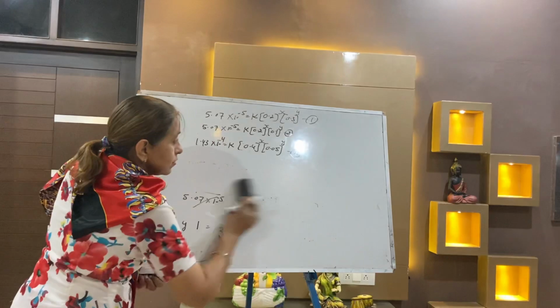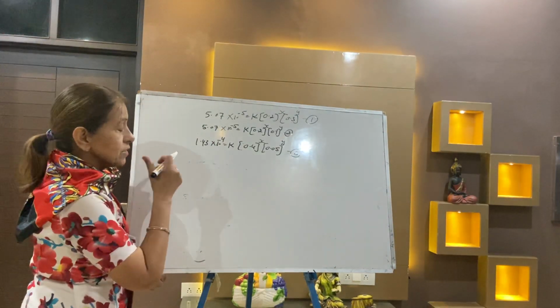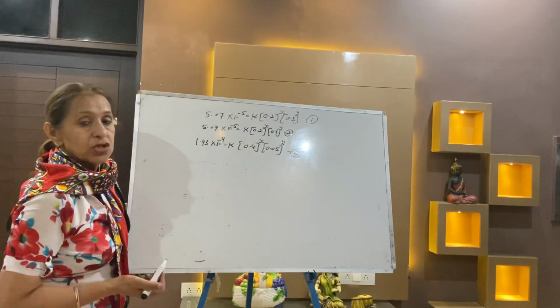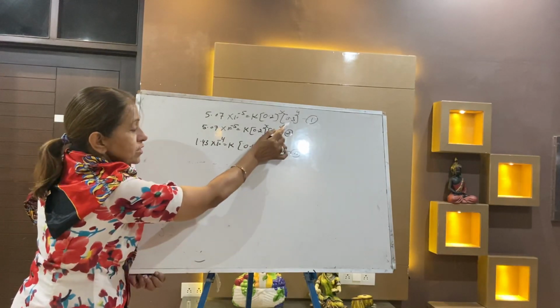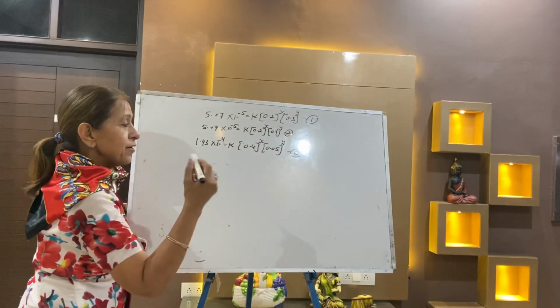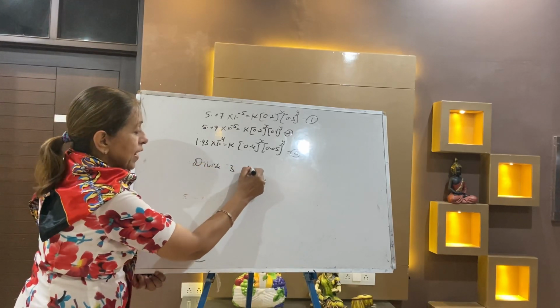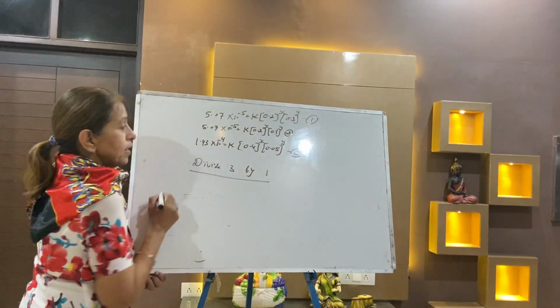Now divide occasions which have the same B concentration. You can check that in no case is the concentration of B the same. It is different in each. So you can divide any of the occasions. Divide 3 by 1 or by 2; that is your wish, but let us take 3 by 1.